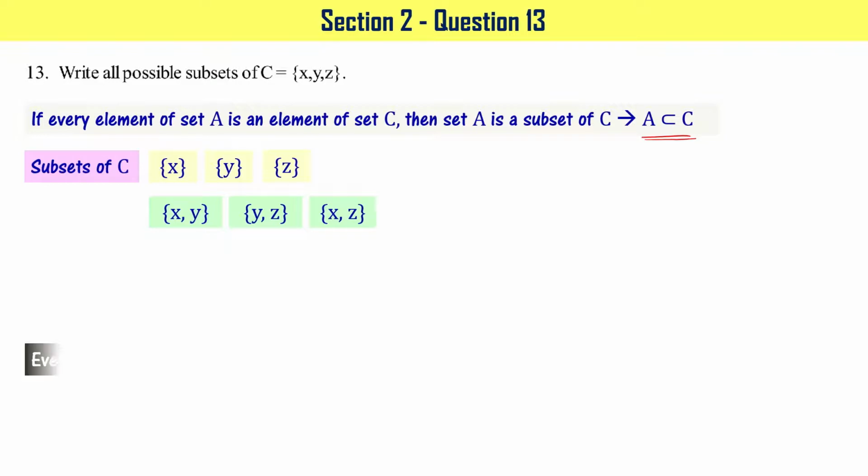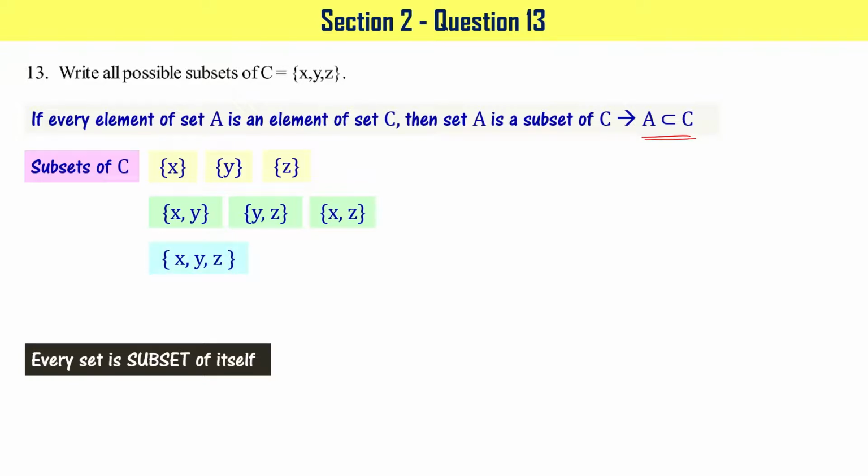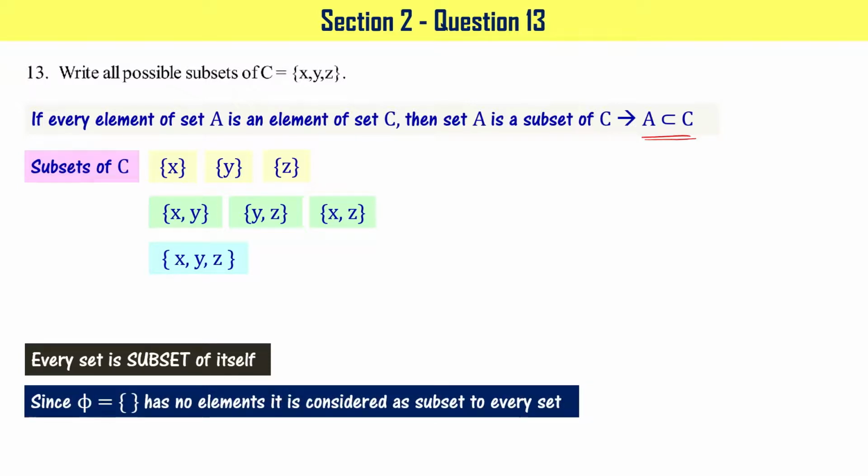We know that every set is a subset of itself. It means set C is going to be a subset of itself. Let's write that also. That is the set containing elements X, Y, Z. And we also know that the null set, denoted using phi, since it has no elements, is considered a subset of every set.